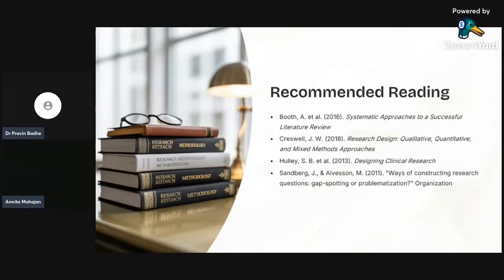These are some of the recommended readings you can go through for a better understanding of how to design clinical research, how you can design your own research, and how qualitatively and quantitatively you can put together your questions and be able to answer them.